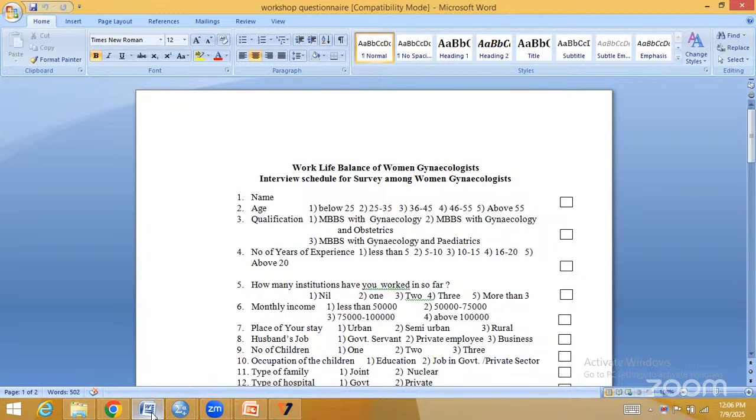Next variable here is age. Age in the population or in the sample, definitely we create some groups. Those gynecologists having age below 25, those having age between 25 to 35, then 36 to 45, 46 to 55, above 55.